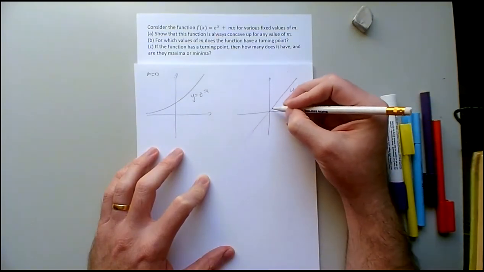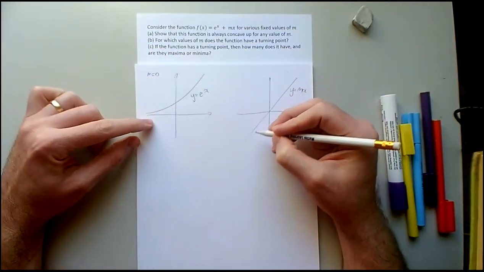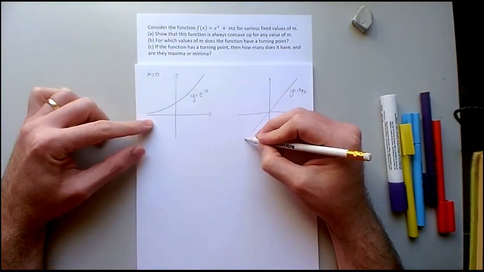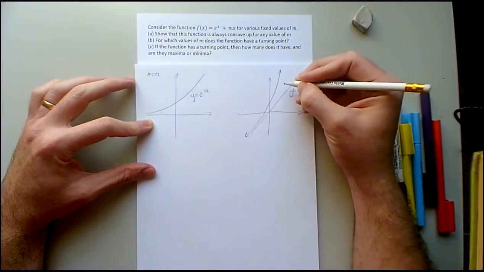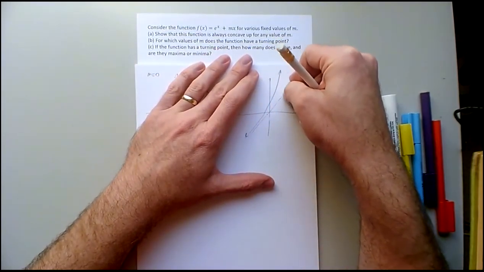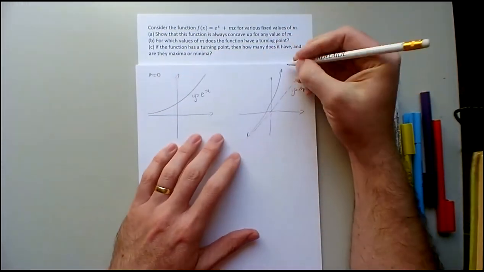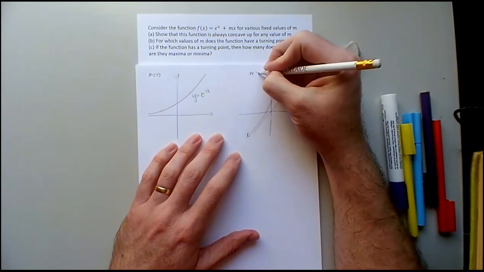And then when you add e to the x, it'll add this onto there, so everything will get higher by this amount. So it'll be quite close to it here, and then you'll be adding 1 to it, and then it'll get up really fast. So if I just make this a dotted line, that's e to the x plus mx.